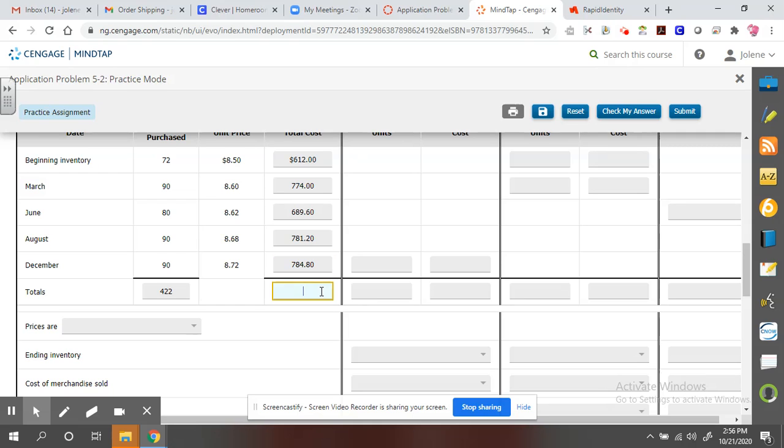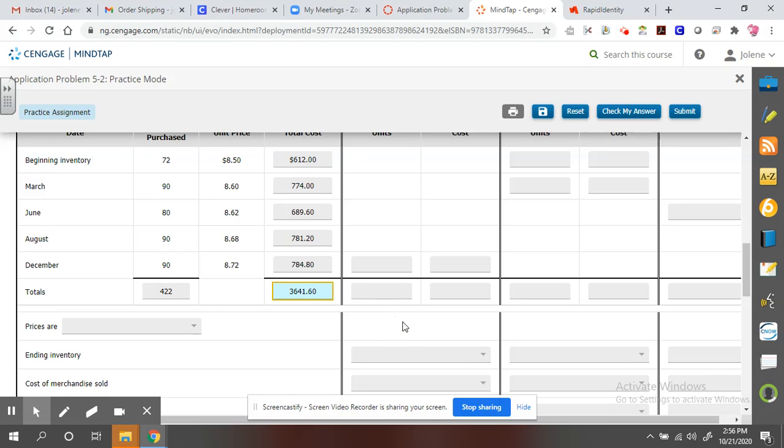All right, I multiplied those across. Now I got to add down the column. Messed up. I have to go over it again. $3641.60.